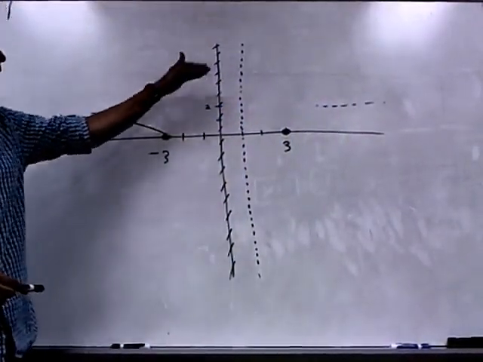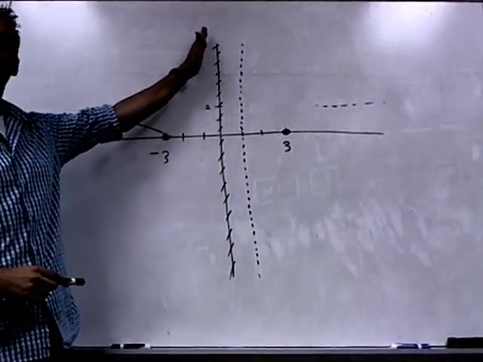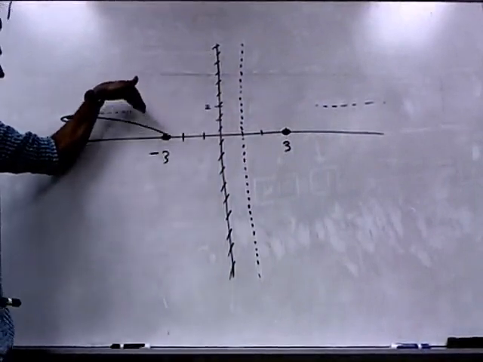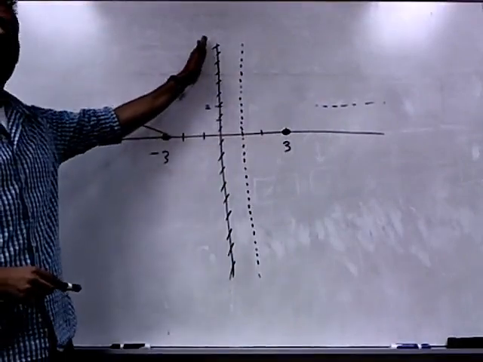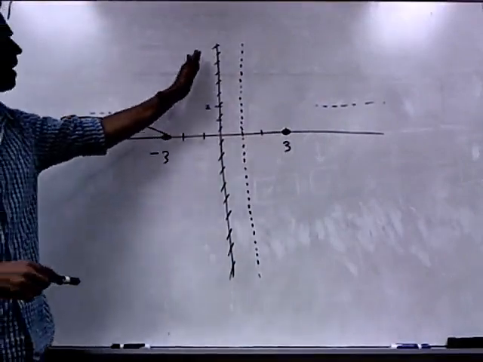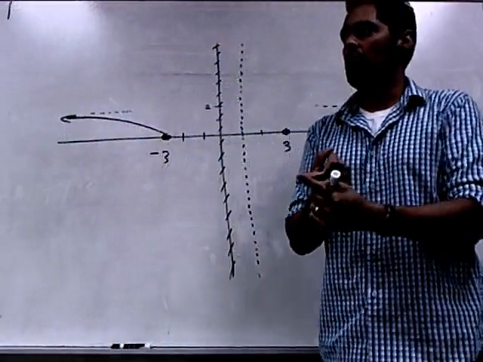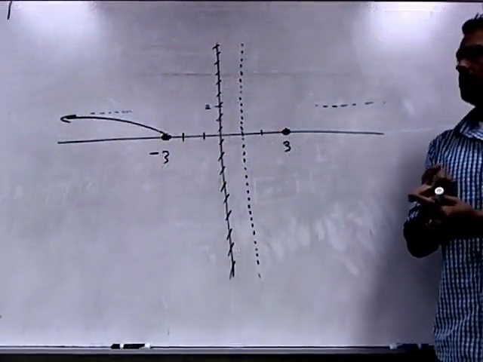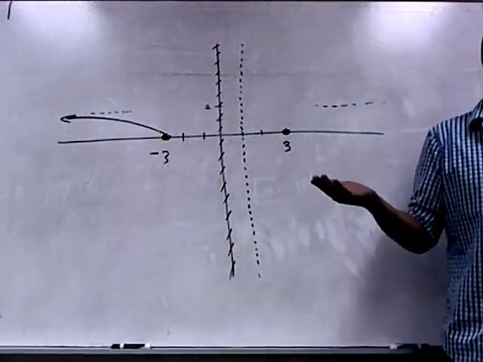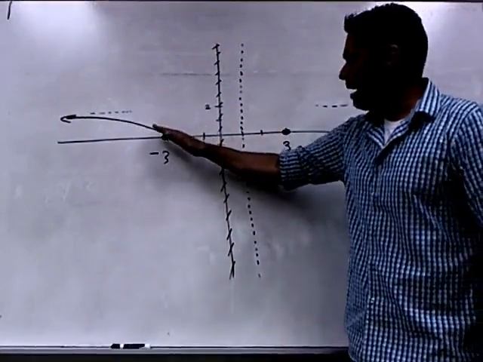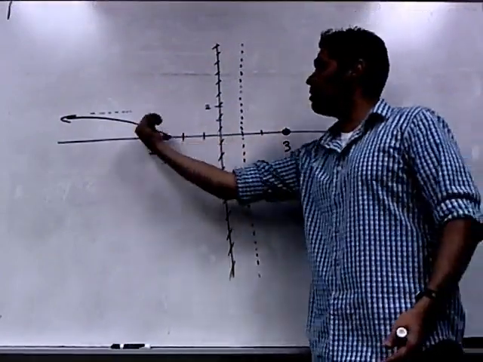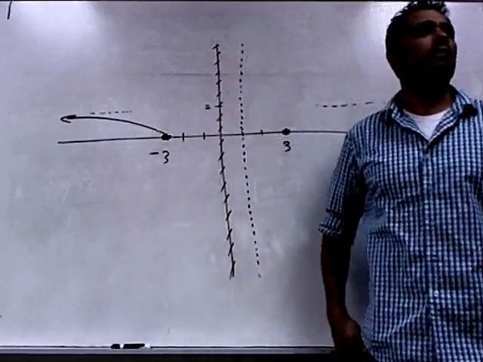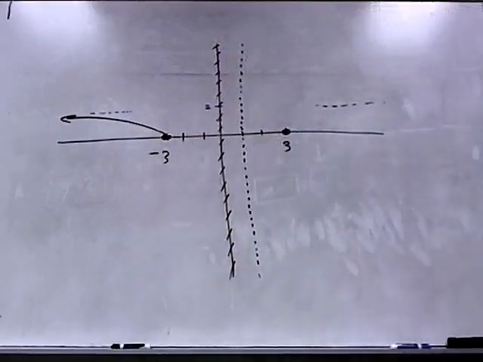No, I'm going to bounce off here and come back up like that. See, if I bounce and come back up, I'm not crossing the x-axis again, right? I'm not violating any rule here, am I? It looks like I could go down without any problems, or I could have bounced off and gone back up, couldn't I? Yes? It makes sense that that could happen.